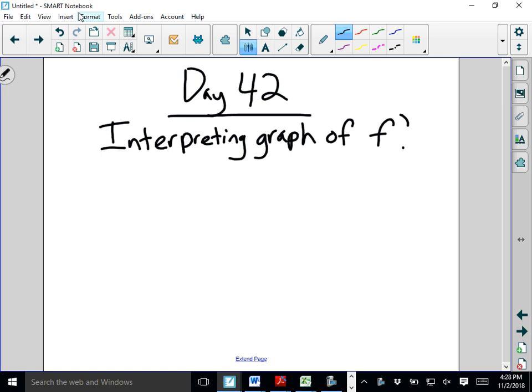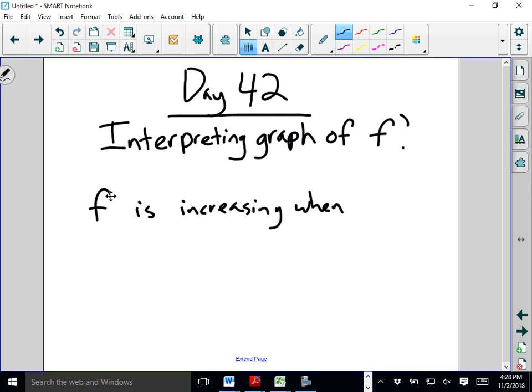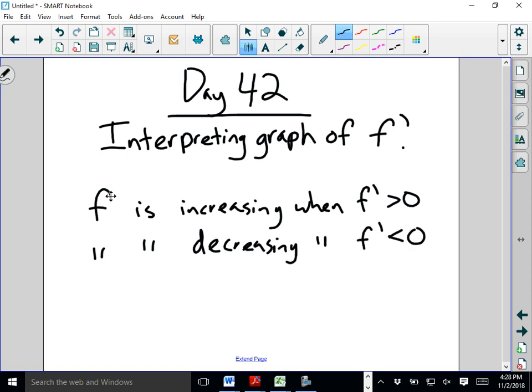F is increasing when f prime is greater than 0. That means f is decreasing when f prime is less than 0. Critical point is when f prime equals 0 or undefined.